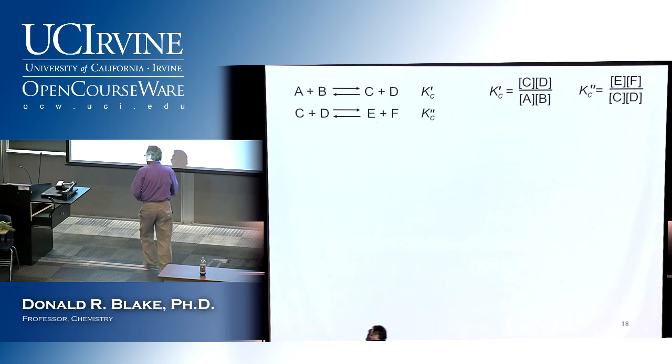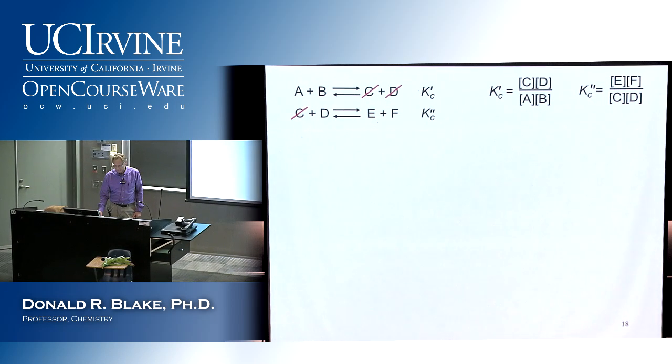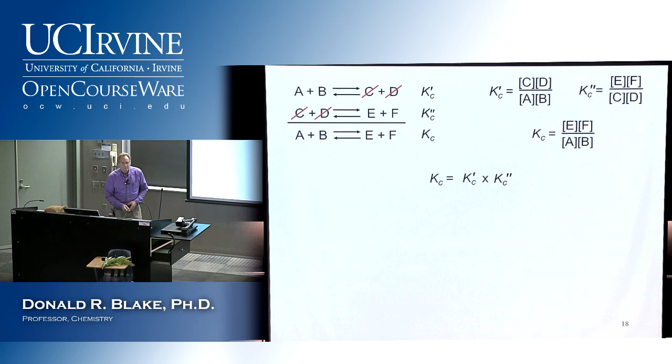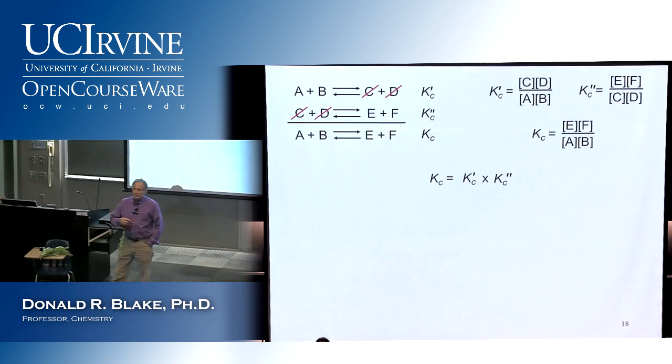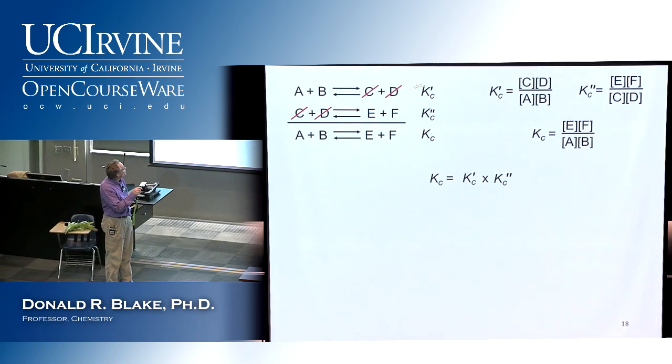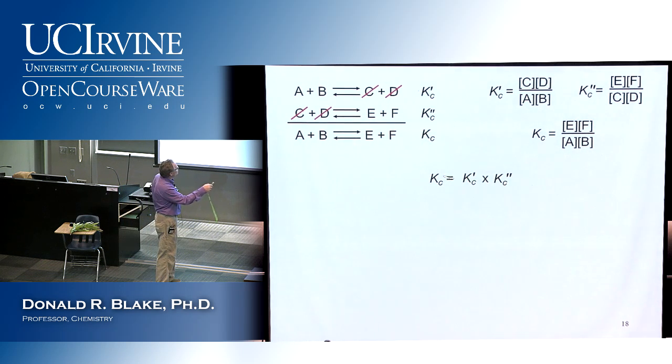They just cancel out. Remember Hess's law? Same thing. So if you've got a situation where it's a two-part reaction, the K is equal to the K sub C's of each of those things times each other. Okay? So K sub C1 times K sub C2 is equal to the big K sub C. And C and D don't even show up in the equation here, okay? K sub C is equal to EF over AB.